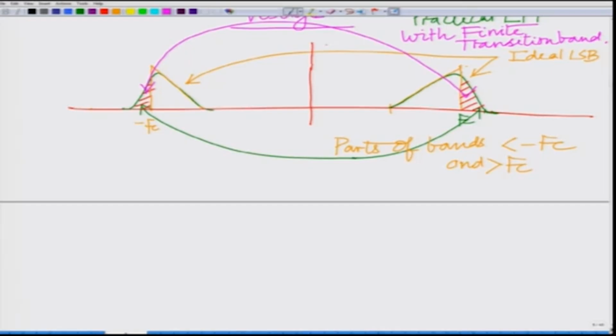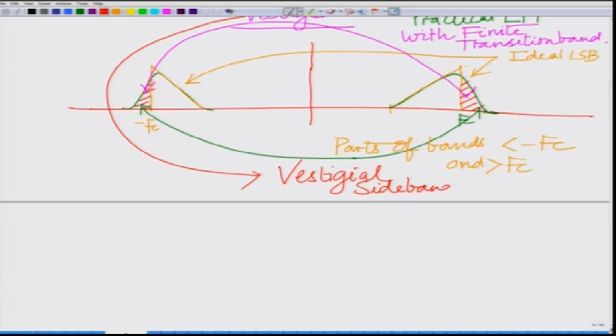Vestigial sideband modulation is especially suited for scenarios where it is difficult to design ideal low pass filters, and for the same token high pass filters. A non-ideal high pass filter has a small transition band where it is transitioning from 0 below Fc to 1 above Fc.